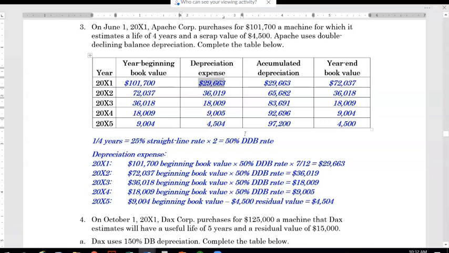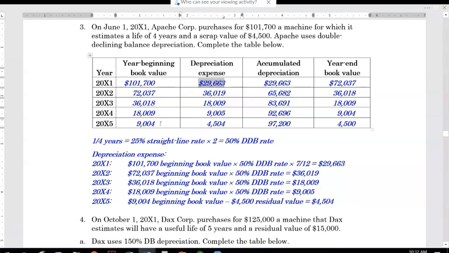36,000 times 50% rate becomes $18,000 depreciation. 18,000 plus 65,000 from last year. Accumulated depreciation becomes 83,000. 83,000 minus 101,700 ends up to be 18,000. 18,000 goes to year 4.